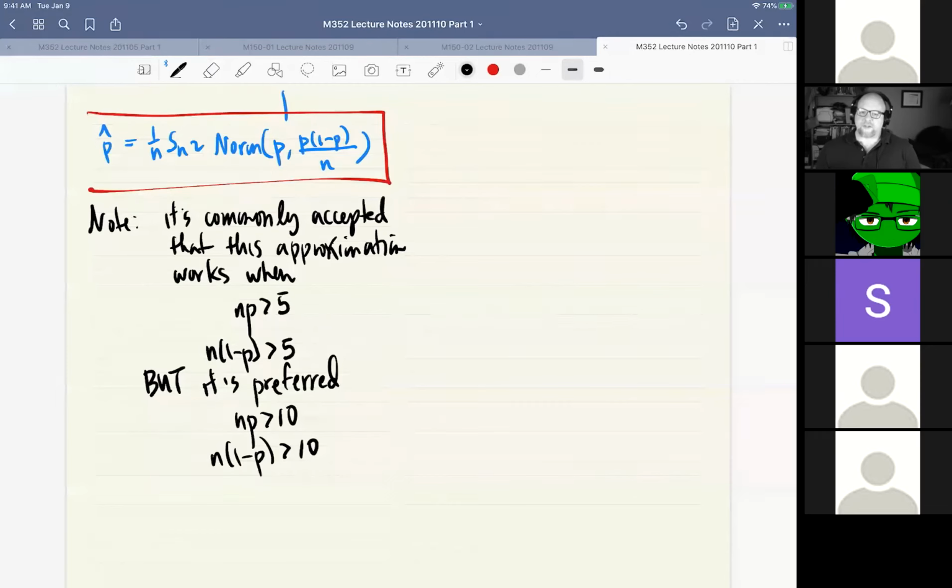Yes, this is one of the classic questions in statistics and estimators. Even if you look in the red box, I've got p hat here, but I've also got p on the other side.